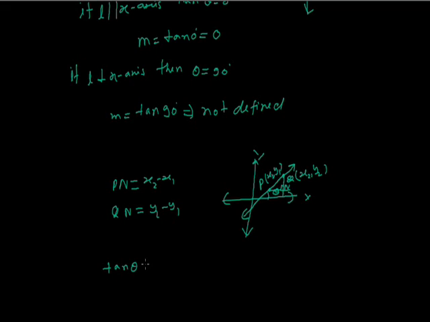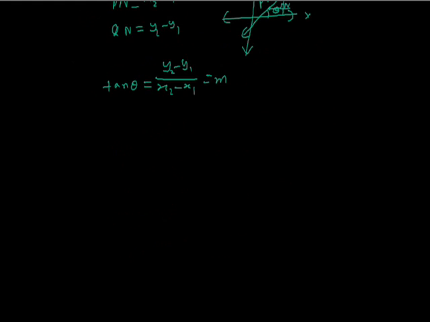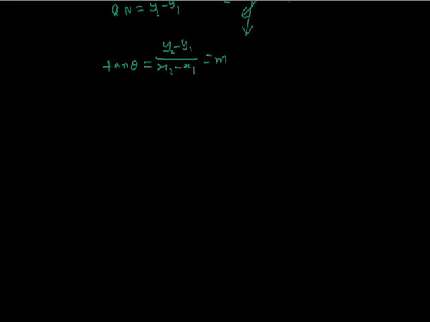So tan theta is equal to y2 minus y1 upon x2 minus x1, which is equal to the slope. Because we know that tan theta is equal to perpendicular upon base, because PQN is a right triangle. So slope is equal to tan theta, which is further equal to y2 minus y1 upon x2 minus x1. So if we are given the coordinates of 2 points on the line, then we can find the slope of this line using this formula.